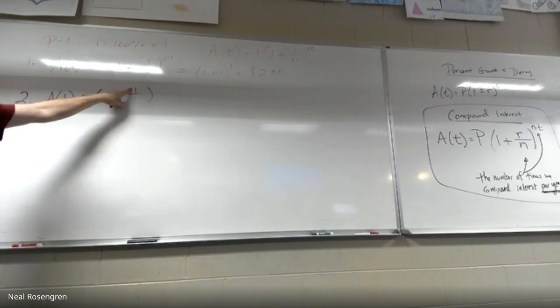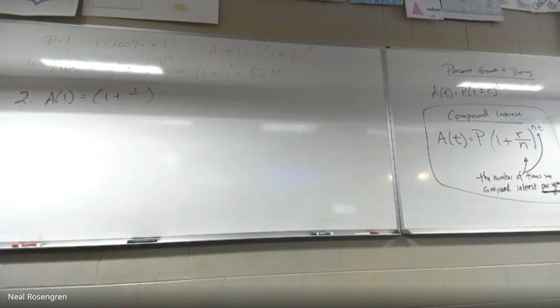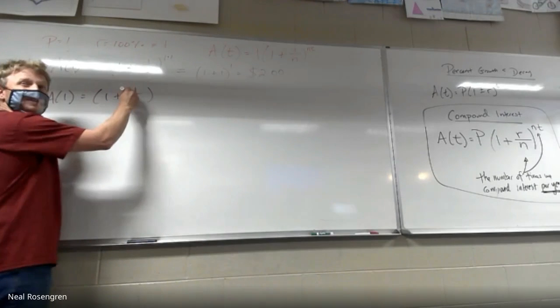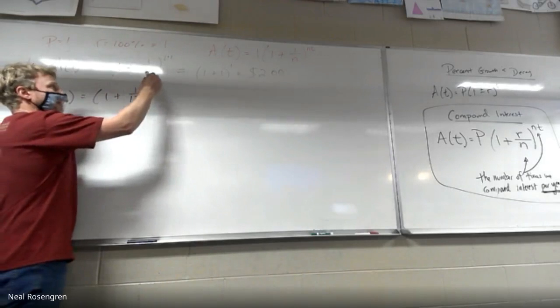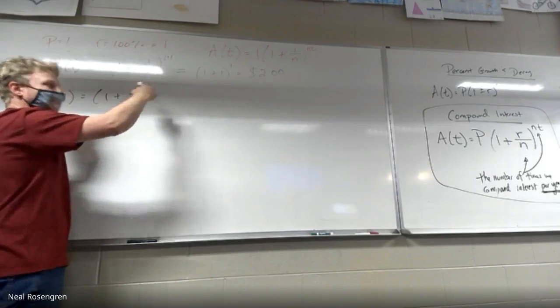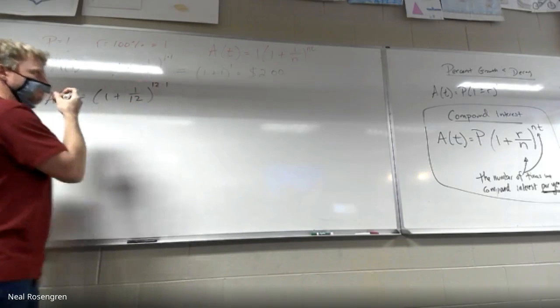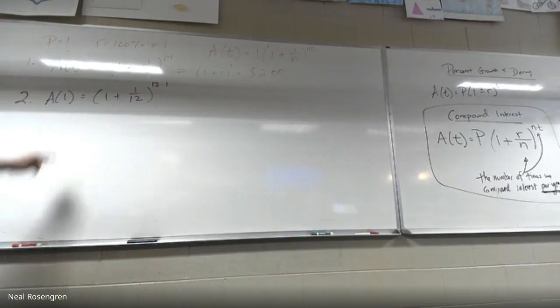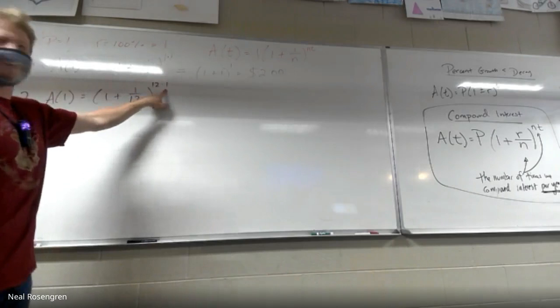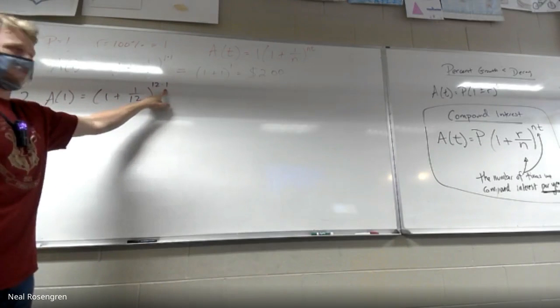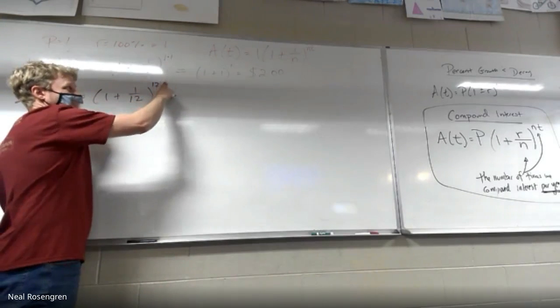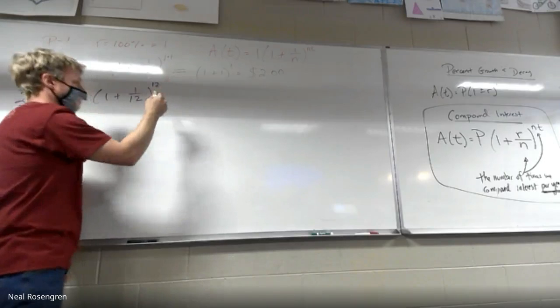Rate of 100. Next one was what? Compounded monthly. So 1 plus 1 over 12, to the power of 12 times 1, right? But t is always 1, right? Okay. Is it all right if I just do this? Like just 12? Same thing, right? Okay, cool.